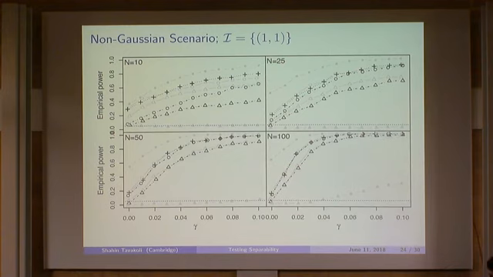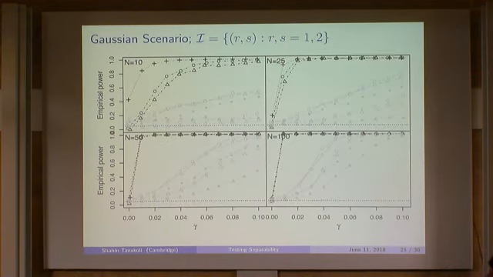So, yeah, that's it. Now, if you increase the number of projections, so now I'm projecting into the first four eigendirections, what you see is that the central limit theorem takes a bit longer to kick in.